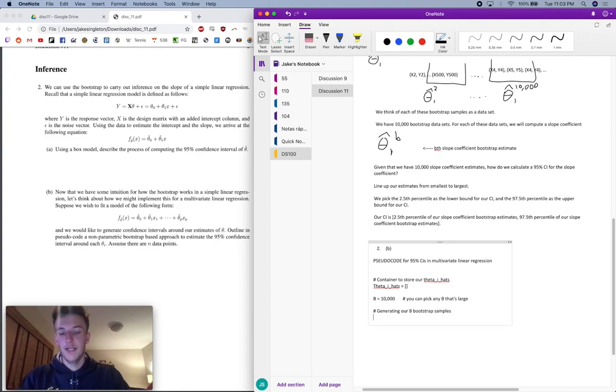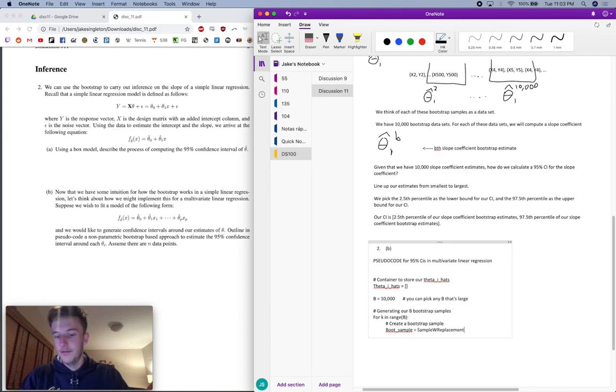So once we set this, we can start thinking about generating our b bootstrap samples. In code, this might look like, we'll say for k, our indexer, in range b. This is going to give us a way of looping through 10,000 times, and we need to create a bootstrap sample at each iteration. So we'll say our boot sample is sample, here I'll say with replacement.